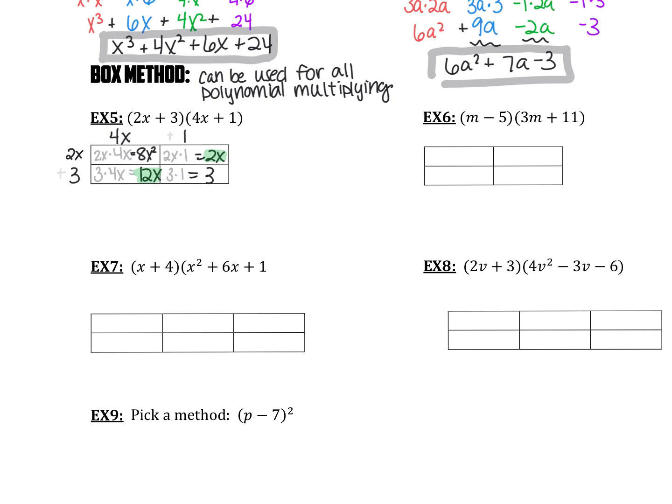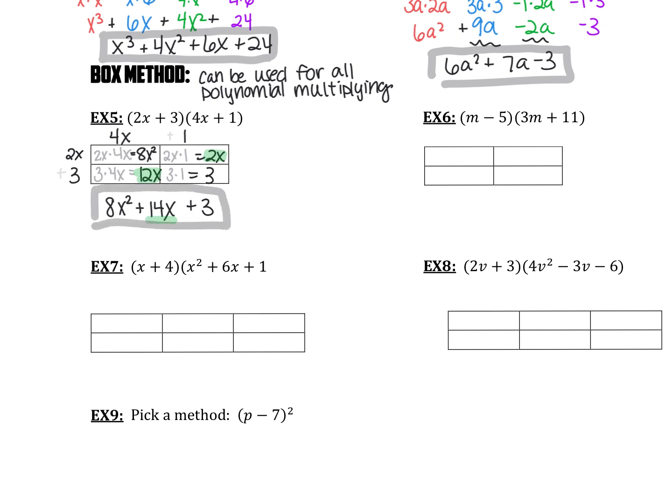So positive 2x, positive 12x, and that's going to give me 14x. So I'm going to write in standard form 8x squared plus 14x, and again, this 14x came from the sum of those two like terms, plus 3. So my answer is 8x squared plus 14x plus 3.